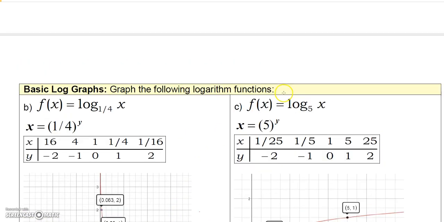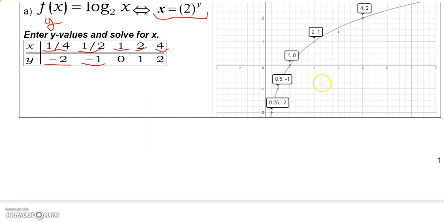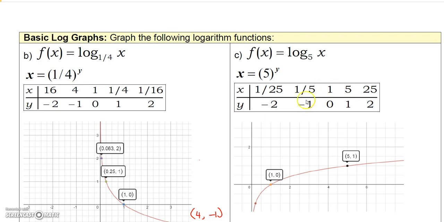Now, if you increase the base, this graph was the log of x base 2. If you increase the base, and let's say you make it log of x base 5, you still get a similar graph, but it flattens out a bit quicker. So here, if you write this in the form 5 to the y equals x, then when y is negative 2, 5 to the negative 2 is 1/25, so that'll give you a point like maybe right here. And then when y is negative 1, 5 to the negative 1 is 1/5, so you get 1/5, negative 1, which might be right here.